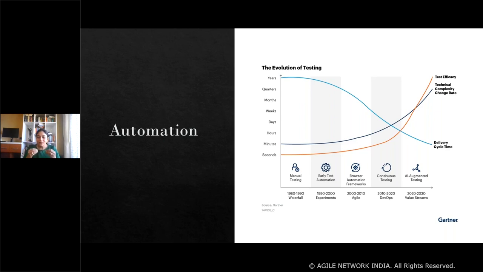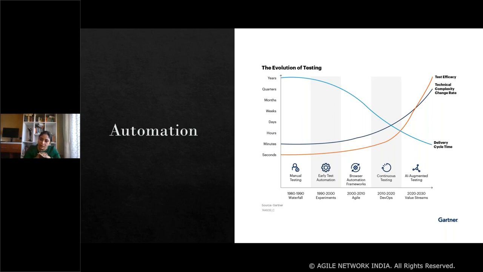The fun part is that the entire purpose of inventing BDD was to bridge the gap between the requirements that the business analysts wrote after understanding from business, and developers develop the same, and testers use those stories as well.